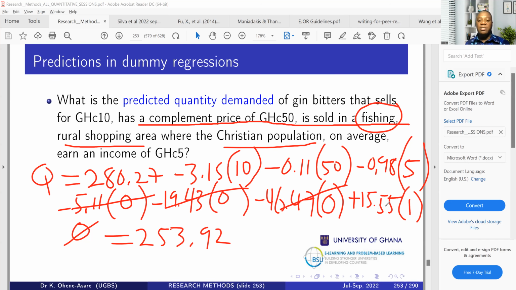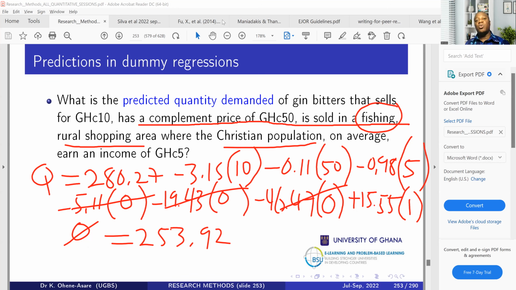But if you were following, you will notice that 15.55 is Christian. Now, we have been told that the people are Christian population. So if they are Christian population, religion Christian will be 1. Religion Muslim will be 0 because they are not Muslim population. If they were Buddhist population, then religion Christian will be 0 and religion Muslim will also be 0.